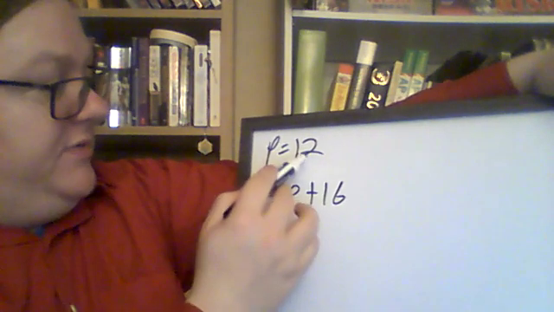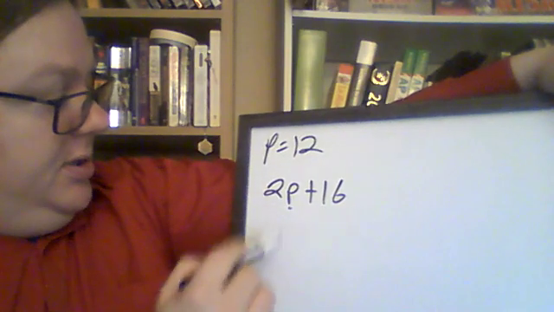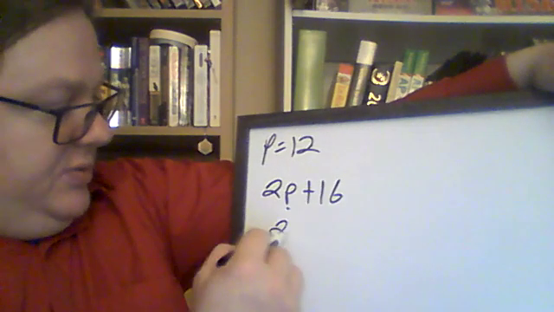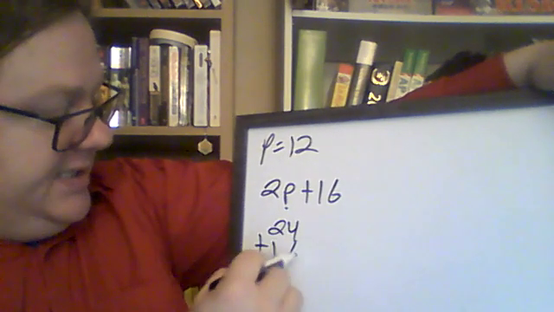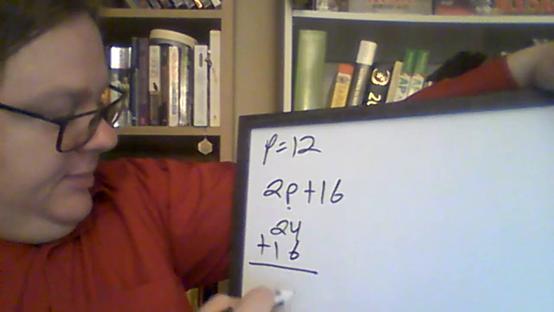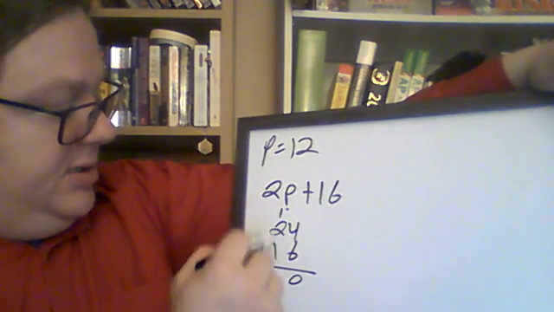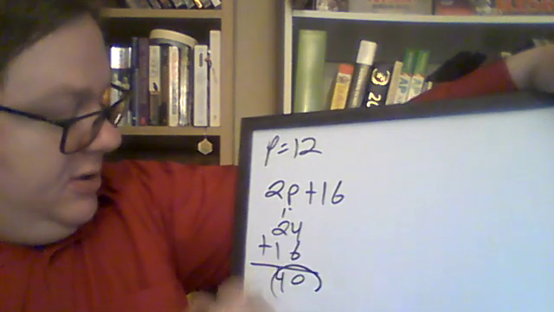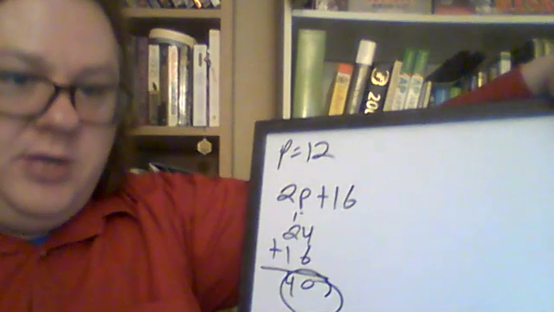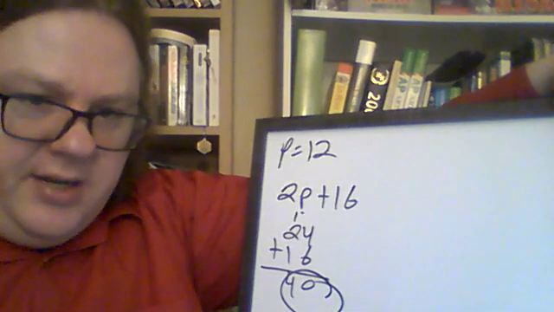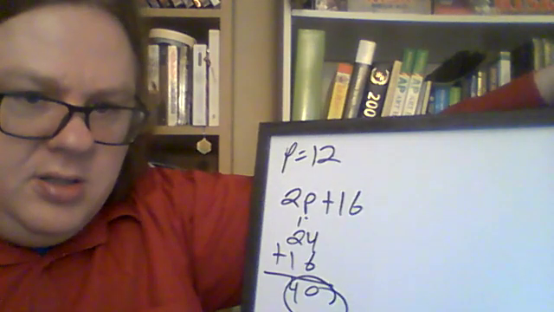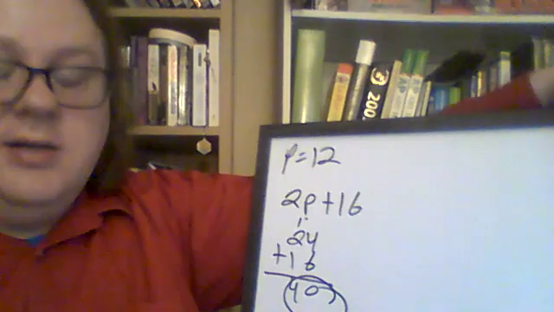P equals 12, so I'm going to take this 12 and put it in here. So 2 times 12 is 24. 24 plus 16 is 40. 40 is our actual answer. I'm going to scroll down and look. And 40 equals 40.